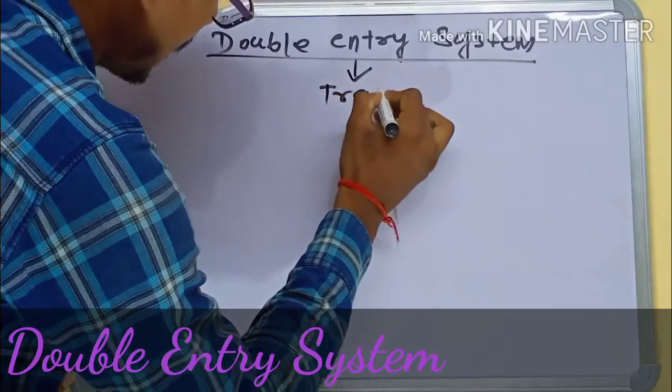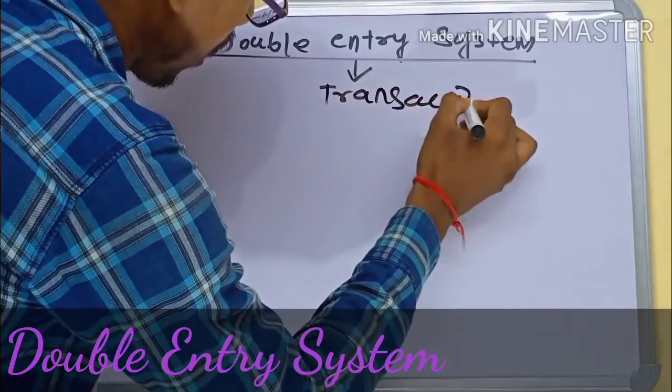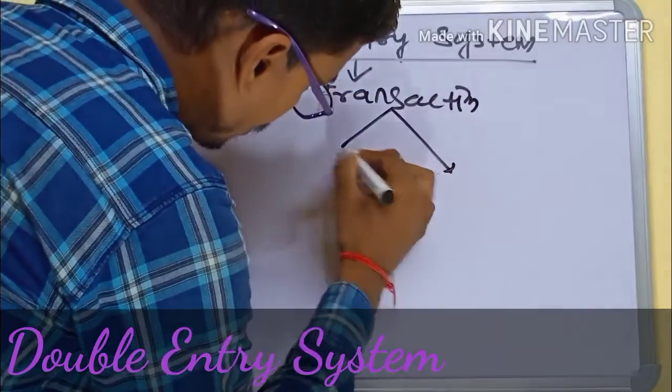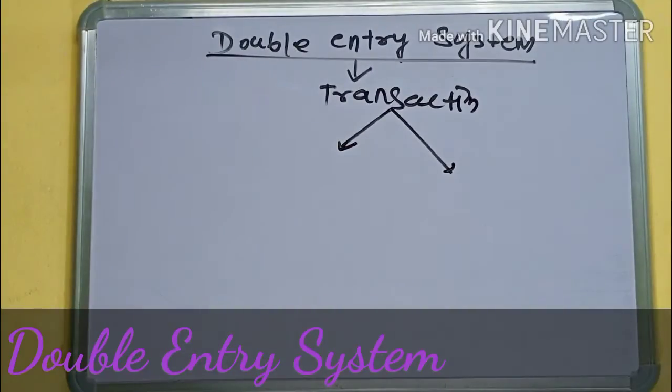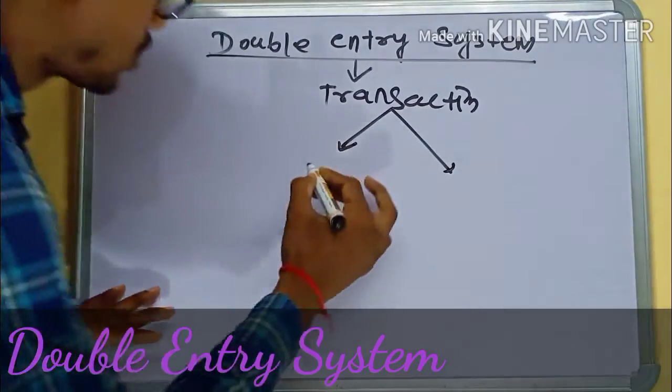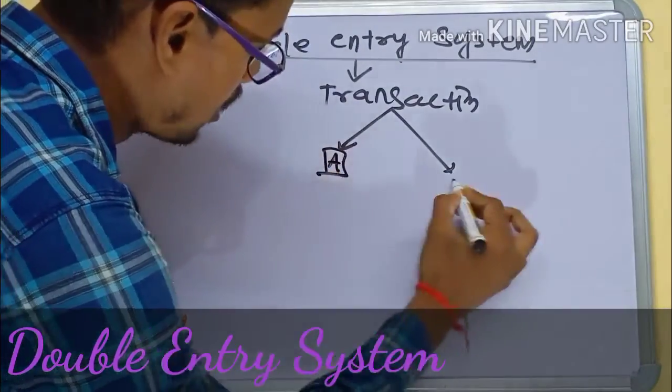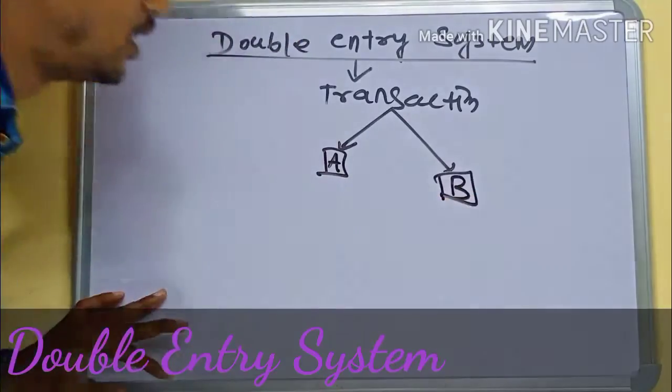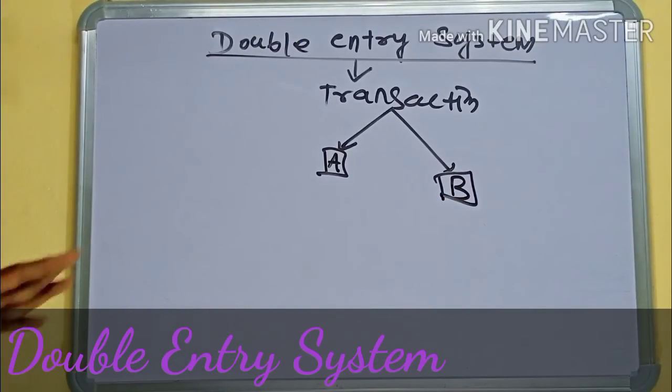Each transaction involves two accounts, suppose A and B. Here A and B are different accounts. In this system, each transaction is related with two accounts.